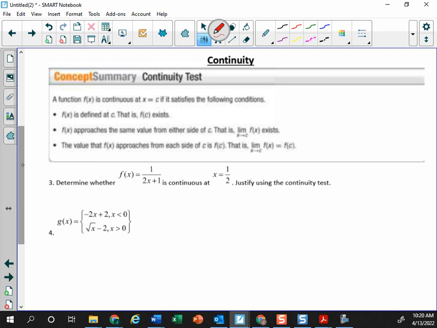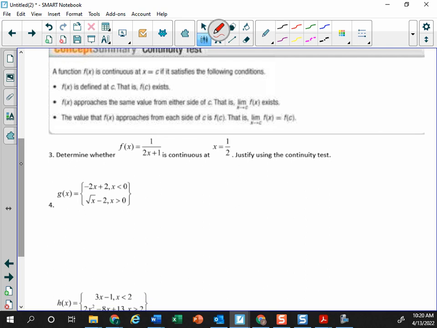The first is that the function is defined at whatever x value you're talking about. The second bullet point is that the limit of the function at that x value exists. And then the third part is that the function value and the limit are the same thing. Okay? So let's go through one here.